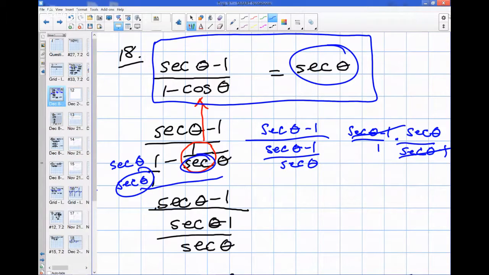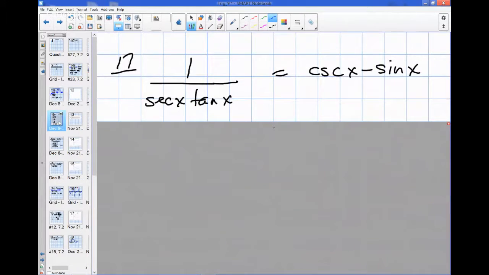Get my arrow, if I can find it. Where's my cursor? There we go. So here's another problem: 1 over secant x times tangent x equals cosecant x minus sine x. Now, this one is a little bit hard to determine which side is more complex than the other.